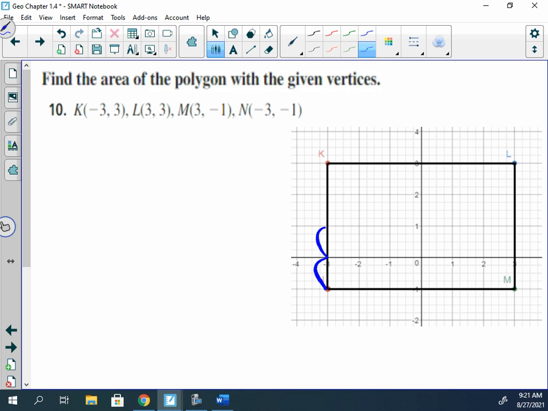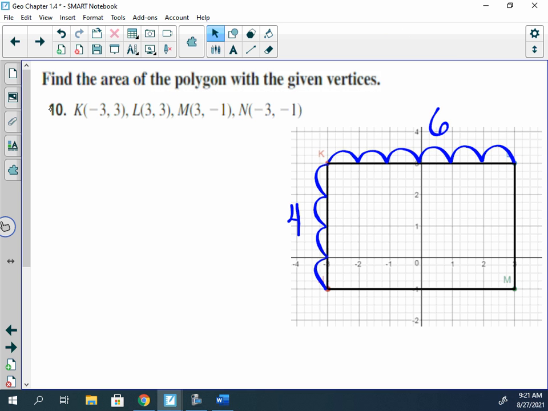So here, 1, 2, 3, 4. So the length of this rectangle is 4 because the distance between those 2 points is 4. Now we can go the other direction. 1, 2, 3, 4, 5, 6. So the width is 6.